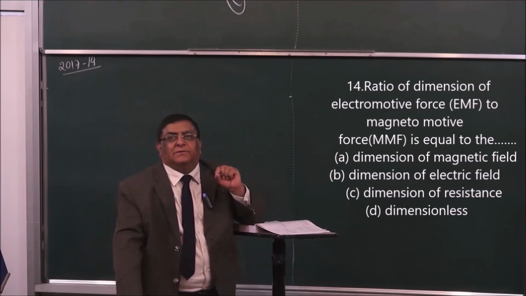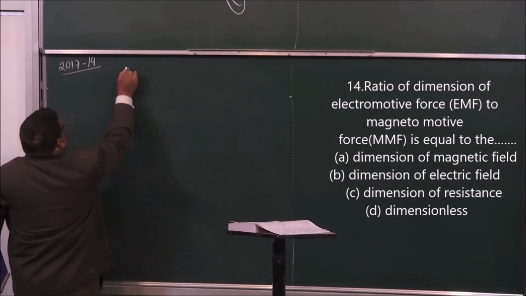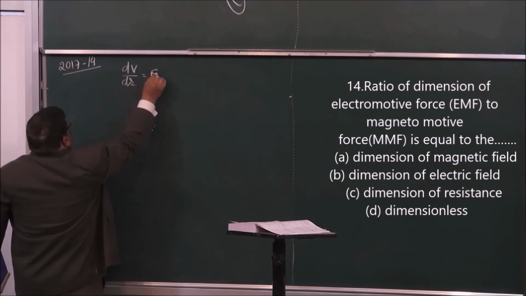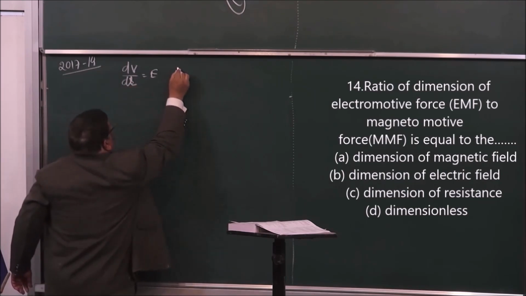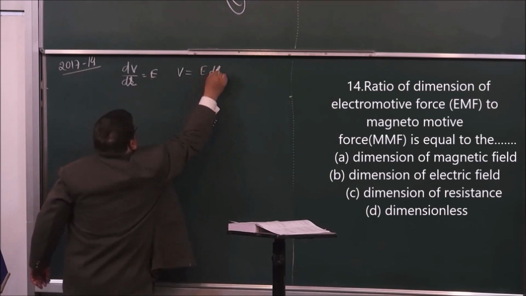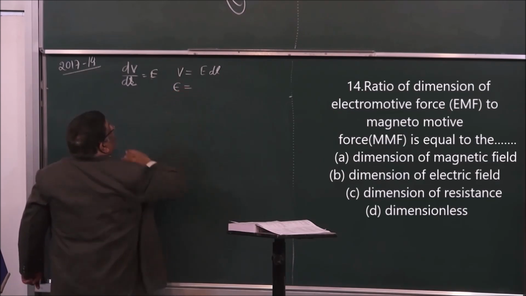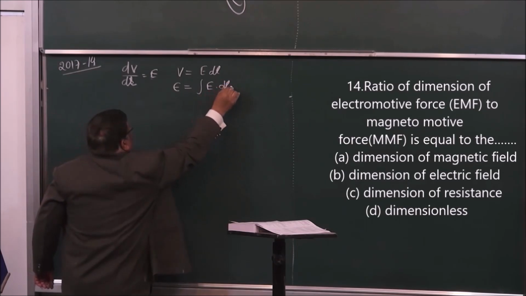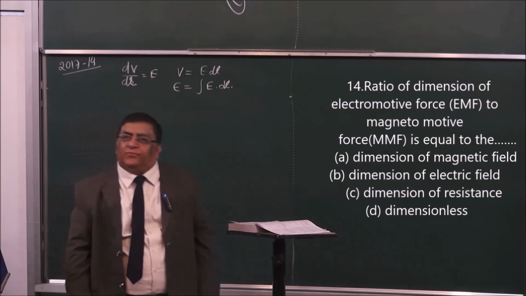We have the dimensions of voltage equal to, that is, you have known dV upon dl is equal to E. So we know that V has the dimensions of E dl. We can say electromotive force is equal to integration of E dl. Okay, this is electromotive force.